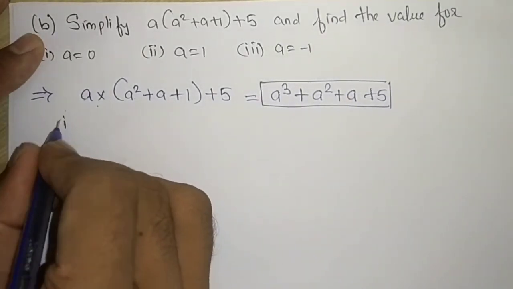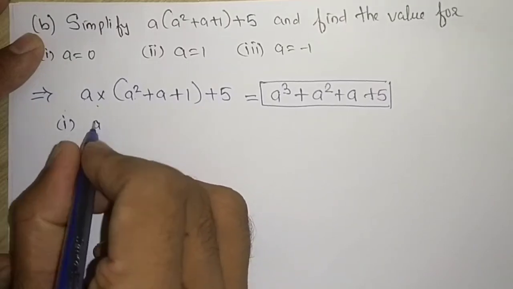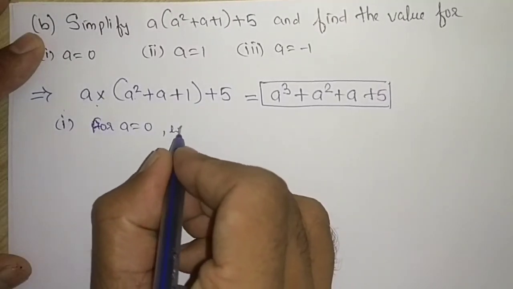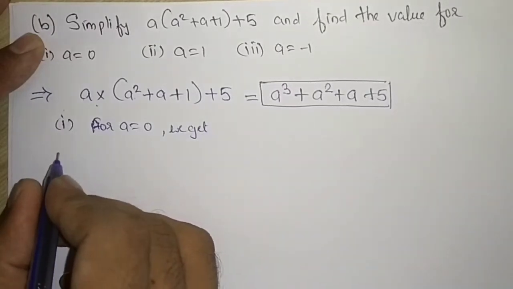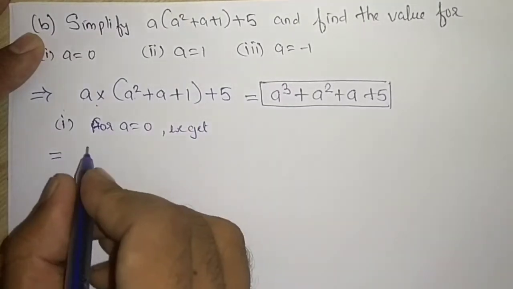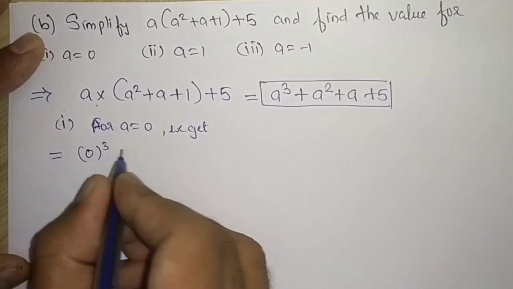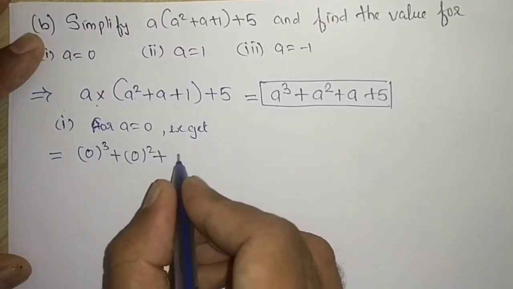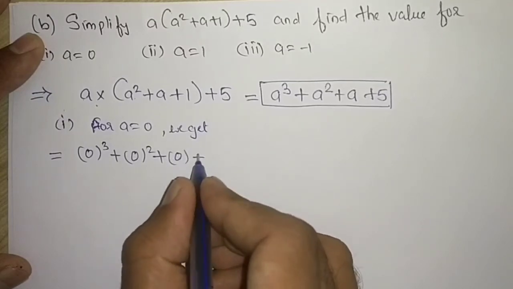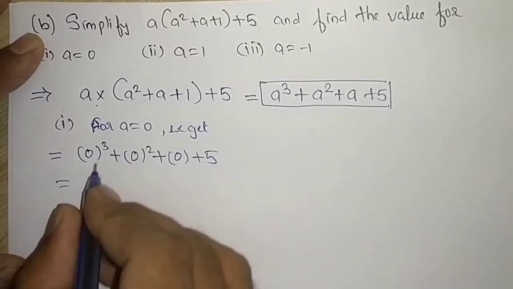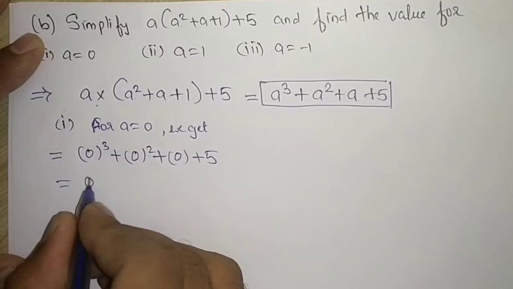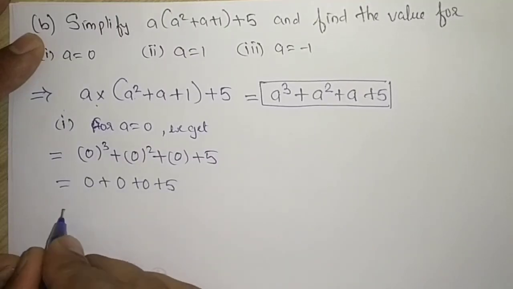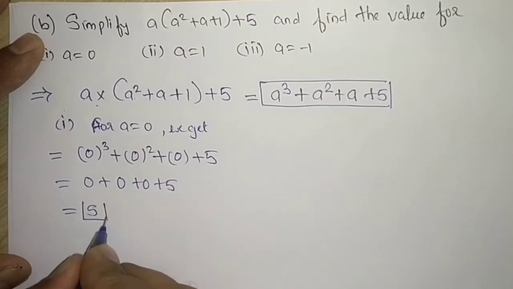Now first part says for A is equal to 0. So for A is equal to 0, wherever there is A, we will put 0. 0 raised to power 3 plus 0 raised to power 2 plus 0 plus 5. 0 raised to cube will be 0 plus 0 plus 0 plus 5. So our answer will be 5.